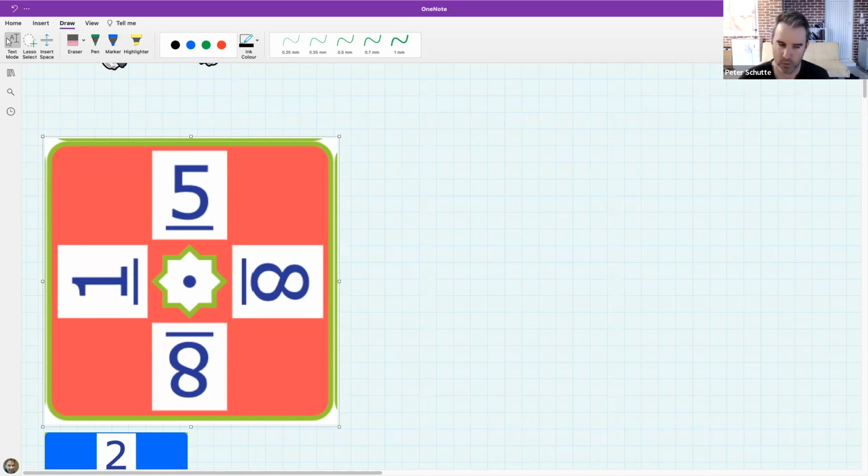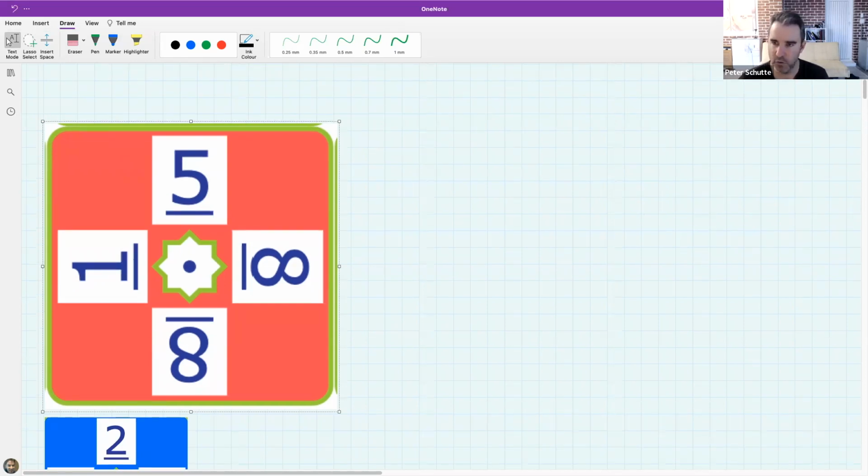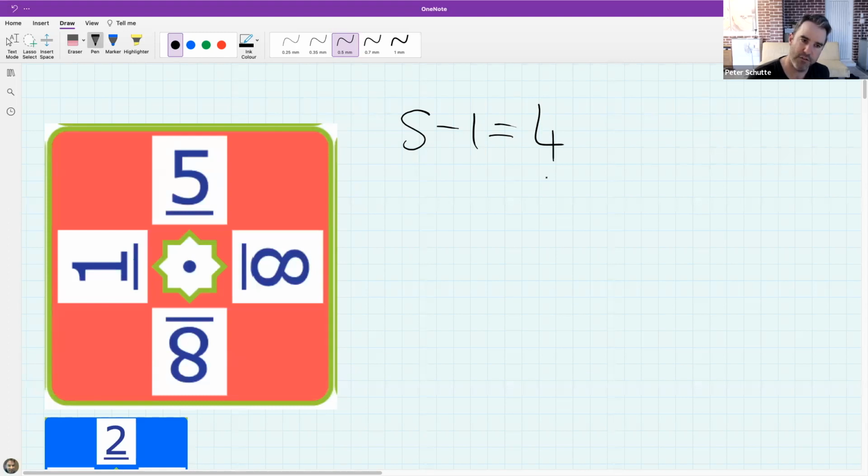So what other ways do we have of getting to 24? I'll give you a hint. If you go 5 minus 1, you'll get 4. So you've used the first 2. Can you get to 24 using those last 2 8s?